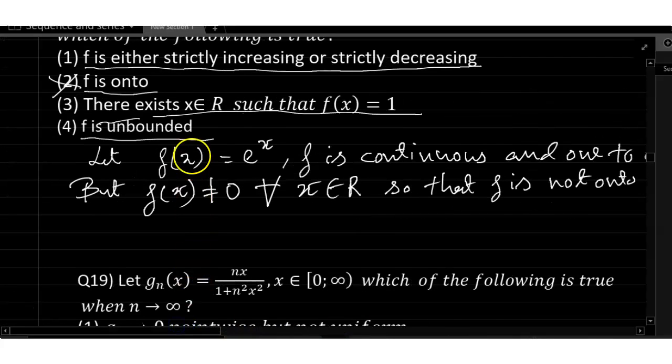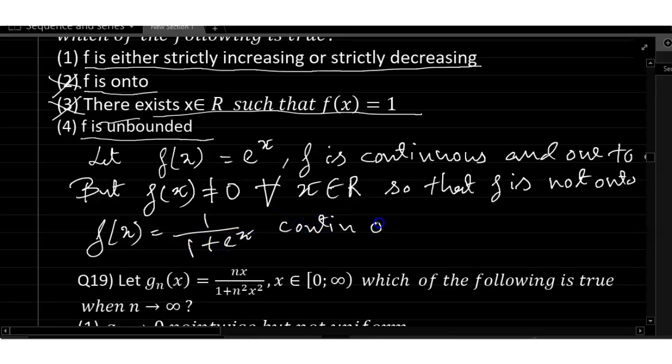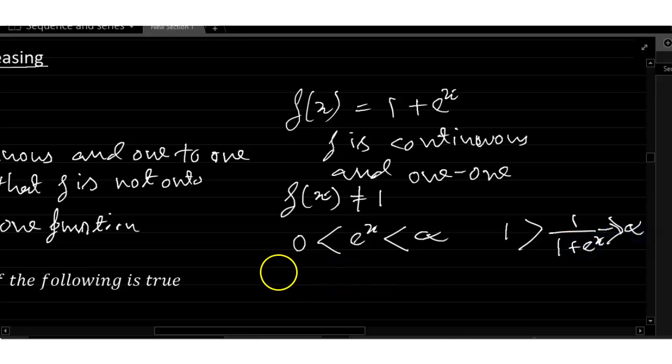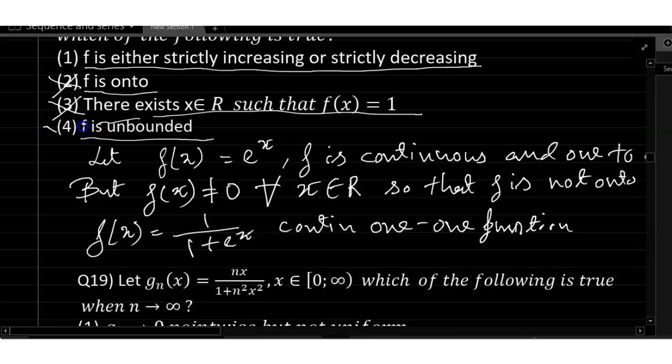So option 3 is not correct. And the next example is f(x) equals 1 by (1 plus e to the power x), continuous and one-one, and the range is 0 to 1, so it is bounded. So f is unbounded is also wrong.